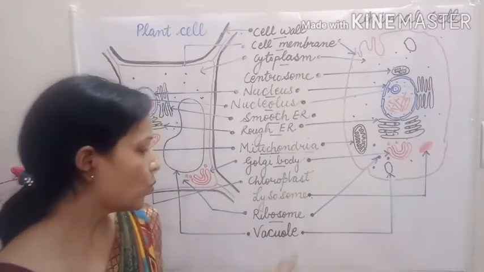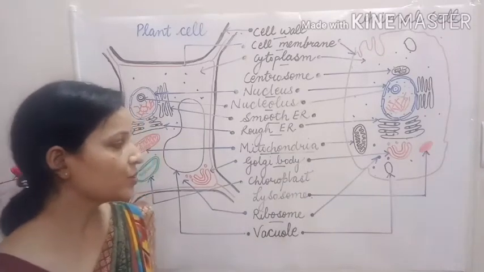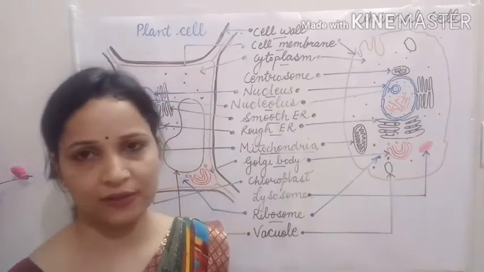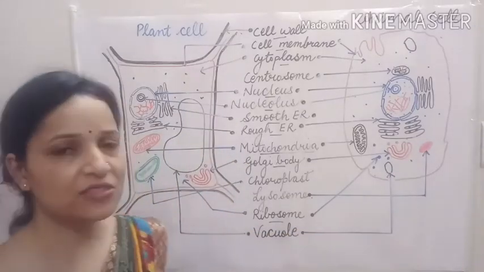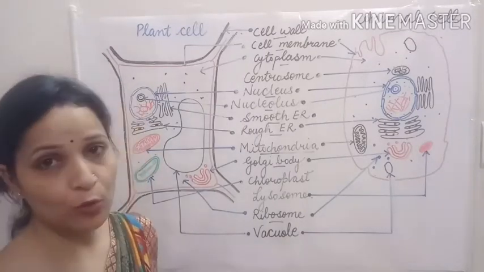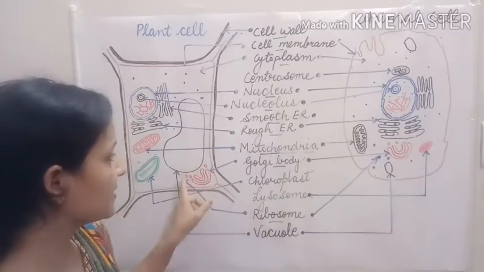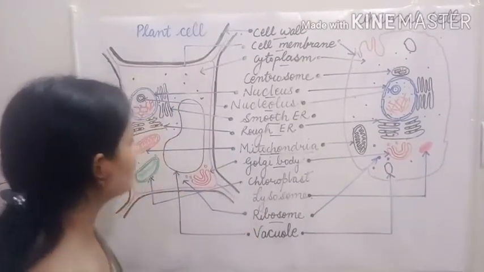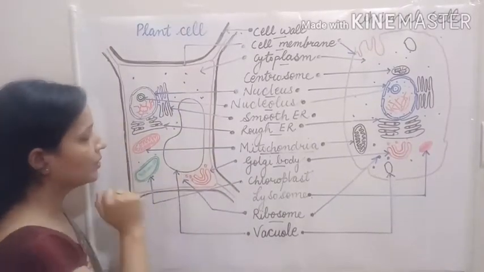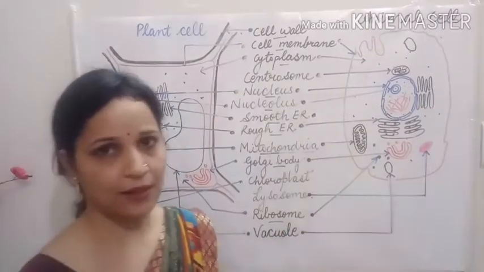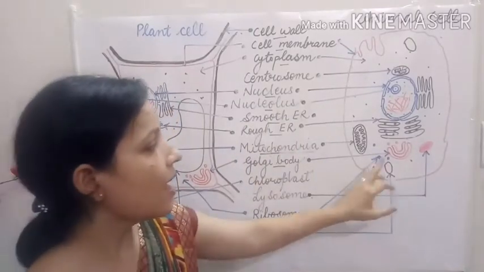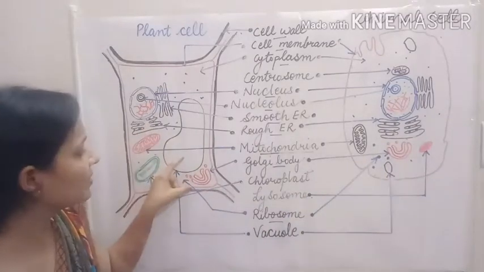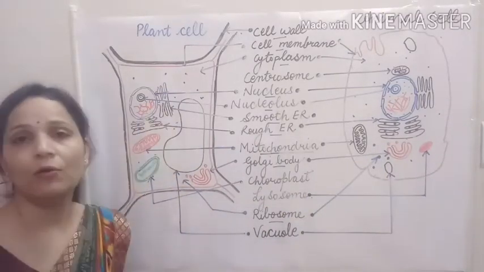Now we will discuss vacuole. As you can see in the picture, vacuole looks like a bag, means they are bag-like structure. Vacuoles are also present in both plant cell and animal cell. But the basic difference is plant cells have larger and more vacuoles than animal cell. Means animal cell have smaller vacuoles, but on the other hand, plant cells have larger vacuoles.